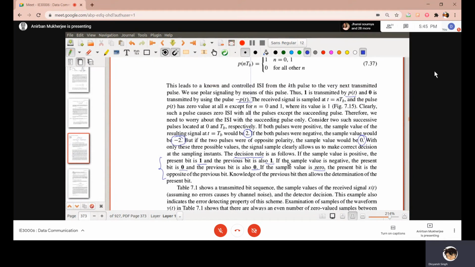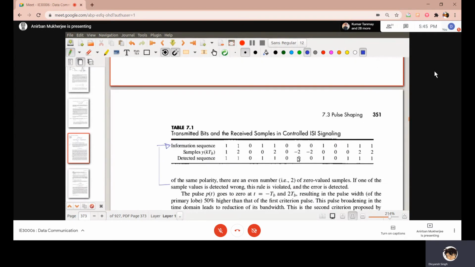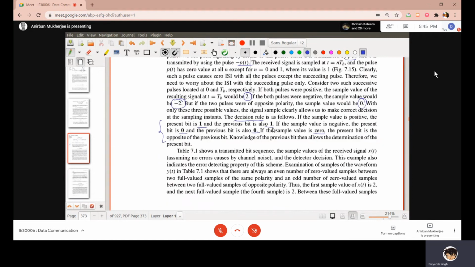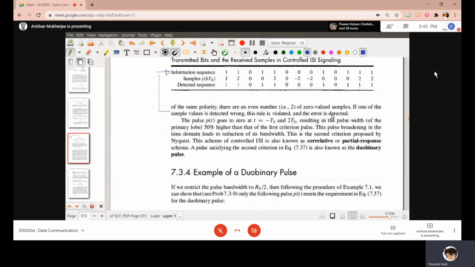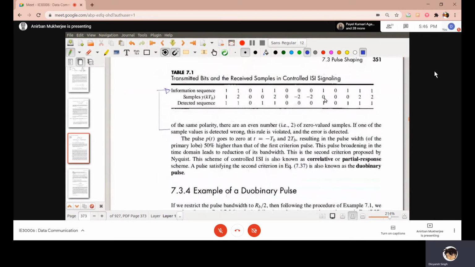If the sample value is negative, the present bit is 0 and the previous bit is 0. That means it is negative, present bit is 0, previous bit is 0. This one is also like this. Now if the sample value is 0, then the present bit is opposite to the previous bit. That means for this one, it is the opposite of the previous one.